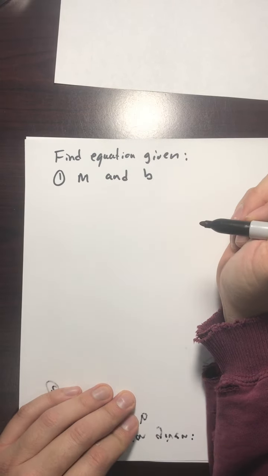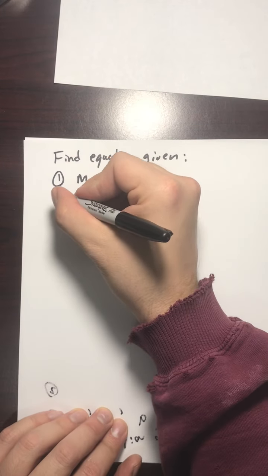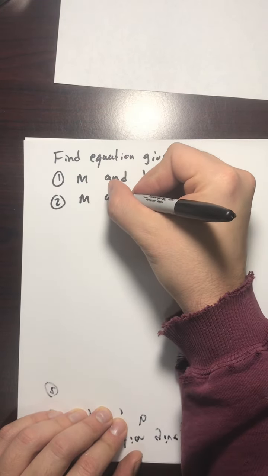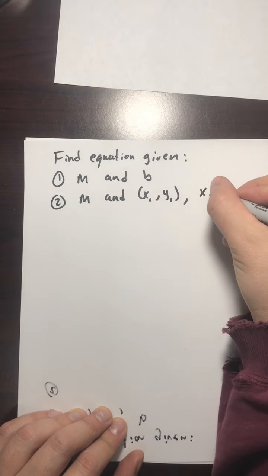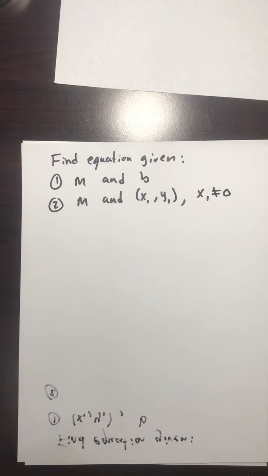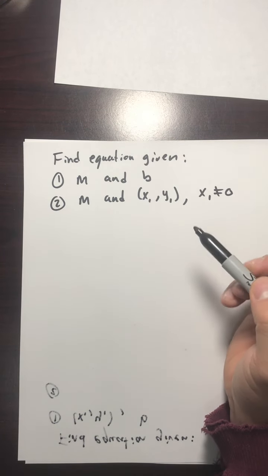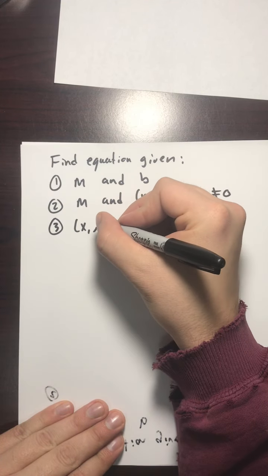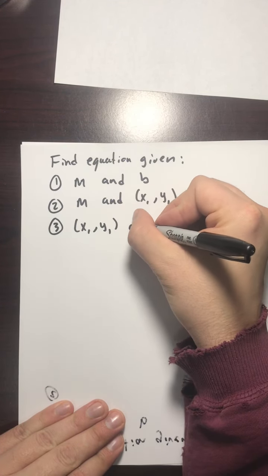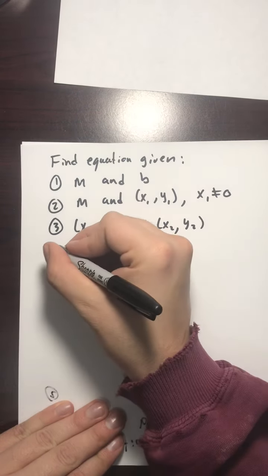So the first one we're going to do is we're going to find an equation given the slope and the y-intercept. The next one would be given the slope and a point that is not the y-intercept. So if x1 is not 0, then y1 is not the y-intercept. The third would be given x1, y1, and x2, y2.